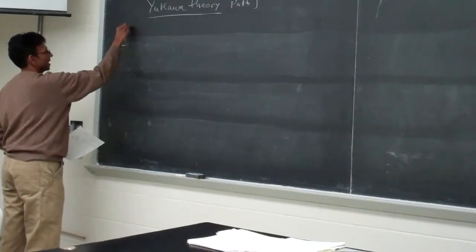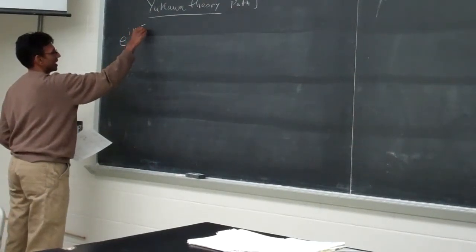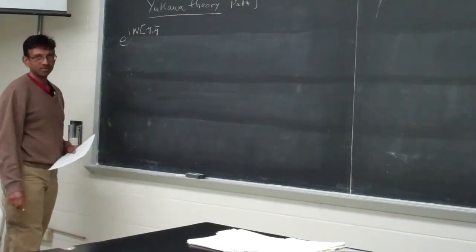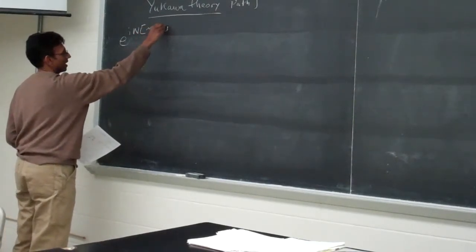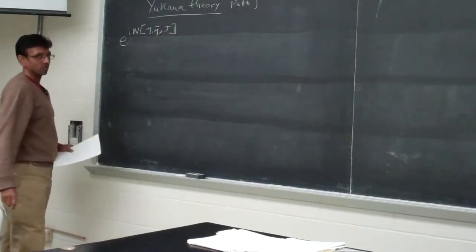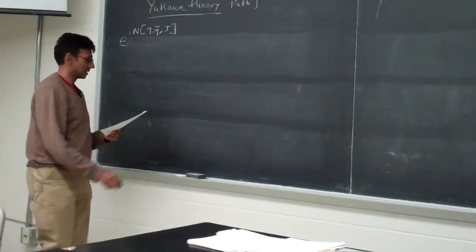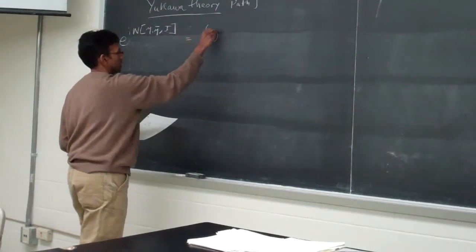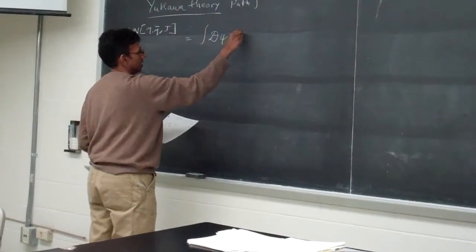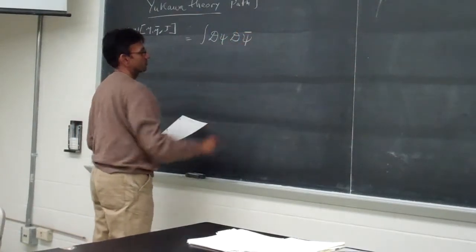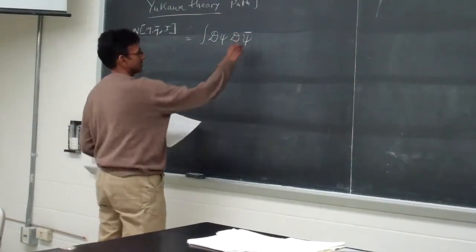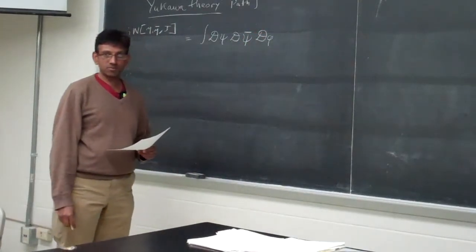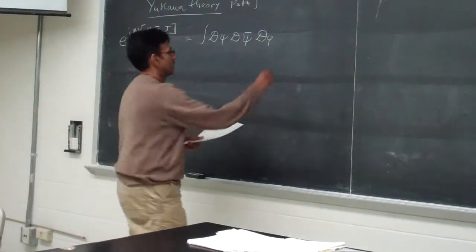E to the I, the connected diagrams with sources for fermions, and say a real scalar, is equal to the Grassmann path integral for the fermions, and the usual C number path integral for the scalars.